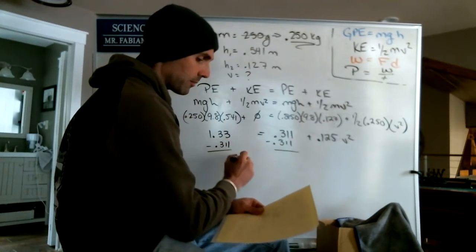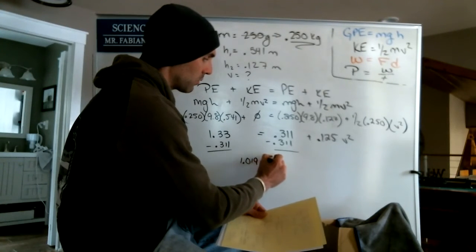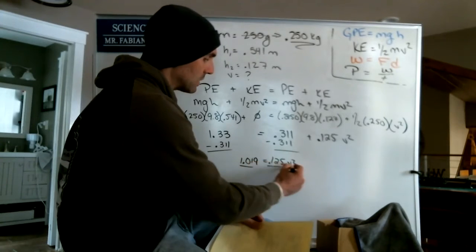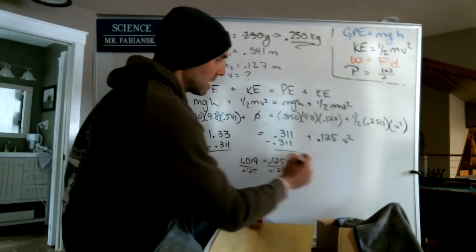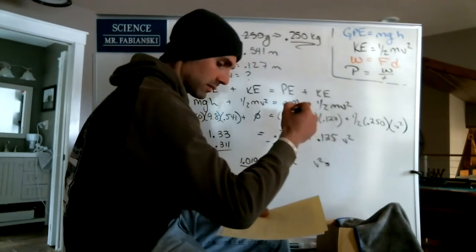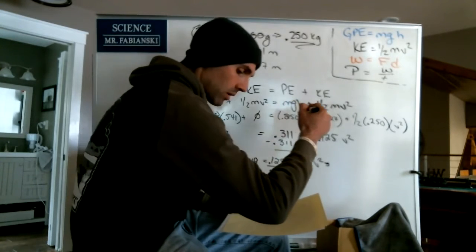That gives us 1.019 equals 0.125 v squared. And then we divide. You guys are doing excellent. And we get v squared equaling 8.15.